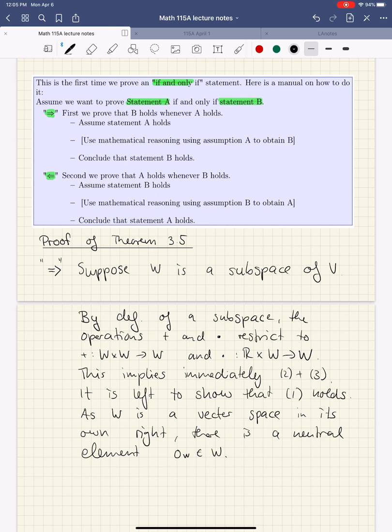And now we want to show that 0W is actually the same as 0V, where 0V is the 0 in V.